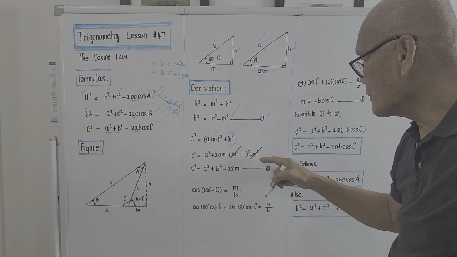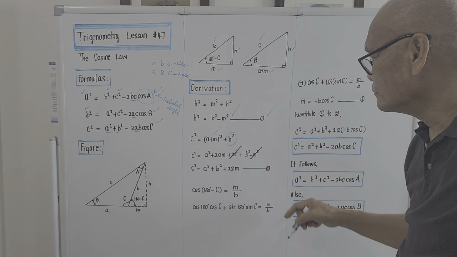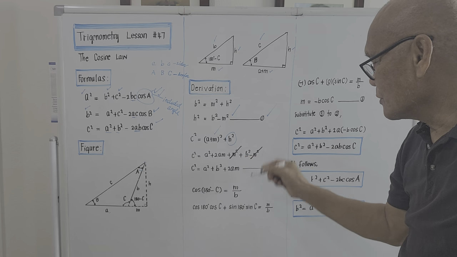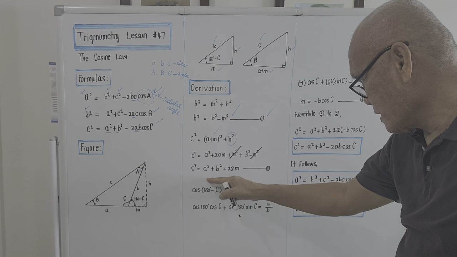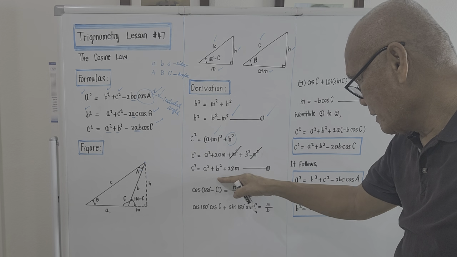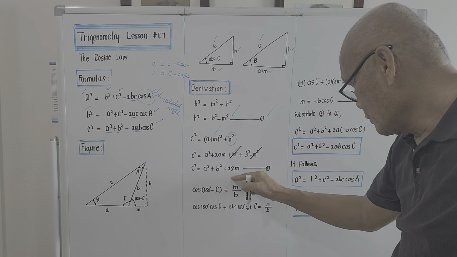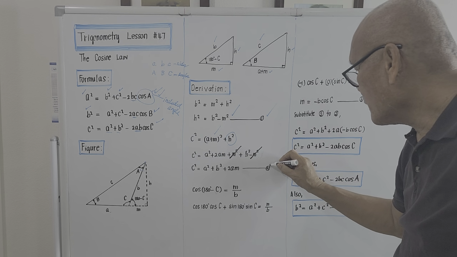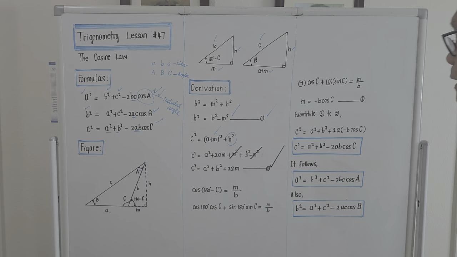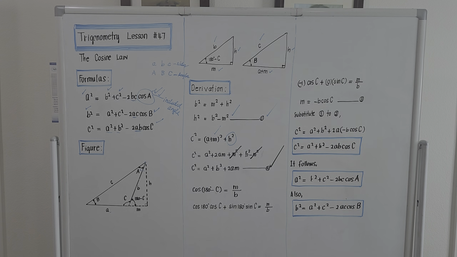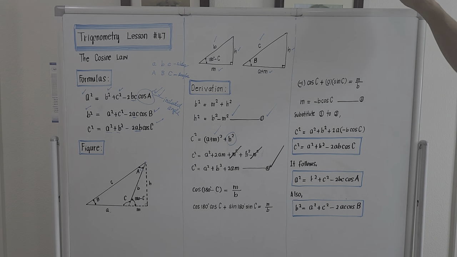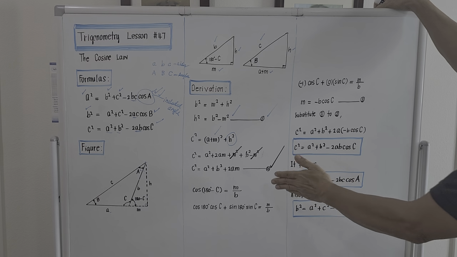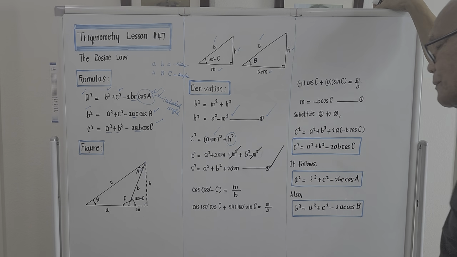This is plus, this is minus, they are the same term. If we simplify the resulting equation, it will be C square equal to A square plus B square plus 2AM. I'll call this equation number 2. Why am I calling it equation number 2? I just mark it because if I would like to go back to the formulation of the cosine law, I will go back to the numbered equation, right?